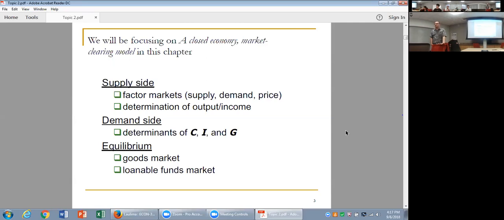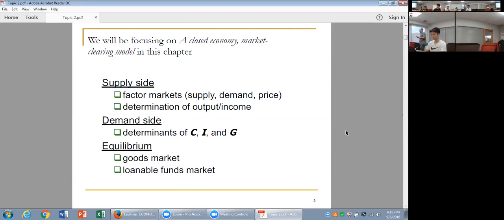Because with no net exports, the only 3 categories in this economy would be the consumer side, consumers buying goods and services, the investment side, that would be building machines, building houses, building factories, and then government spending. That would be government spending on physical goods and services, not transfer payments. If you remember back to principles, this would be the government buying a bridge, the government buying healthcare services, that sort of thing.